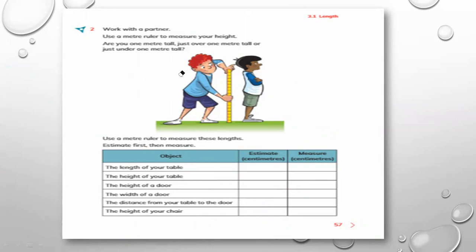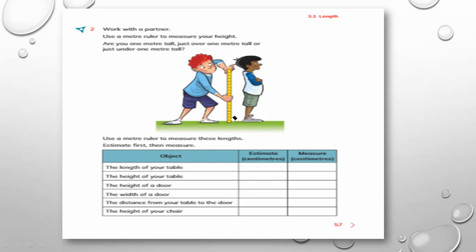Are you 1 meter tall, just 1 meter tall, or just under 1 meter tall? How tall is your height? Are you 1 meter tall, over 1 meter tall, or under 1 meter tall? You have to measure your height.